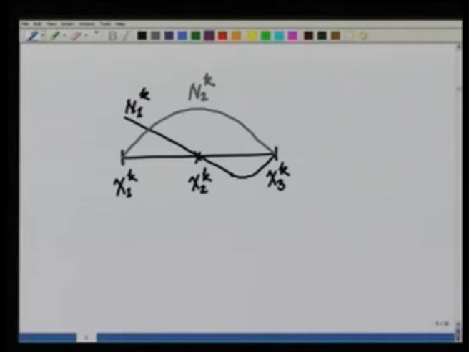Similarly, phi 2k plus 1 will be called n3 of k.